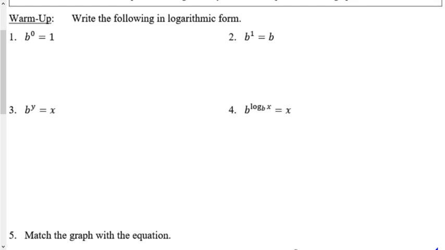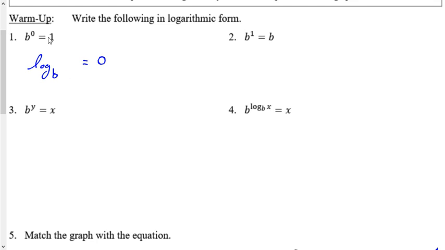Well, I hope there wasn't a whole lot of challenge, at least with these first 3 questions. As we look at question number 1, remember in exponential form, here we have our base is b, the exponent is 0. So if we're going to write it in logarithmic form, then we write a logarithm with the same base of b. Remember that the logarithm is an exponent, so it's equal to 0, and it operates on the power.